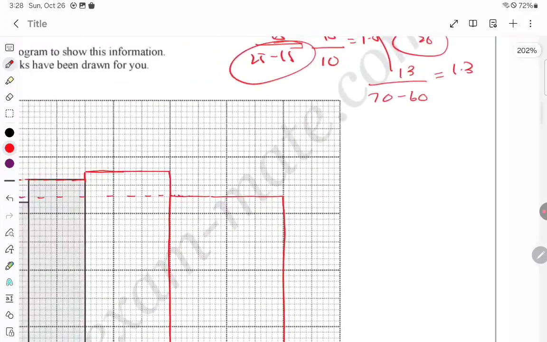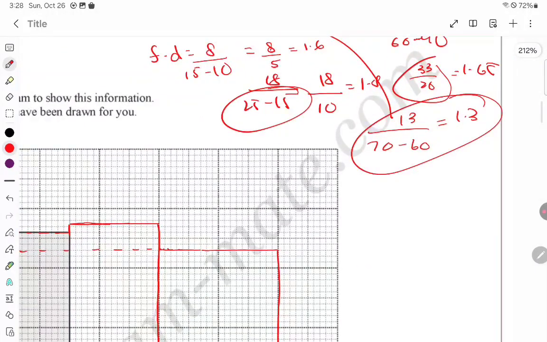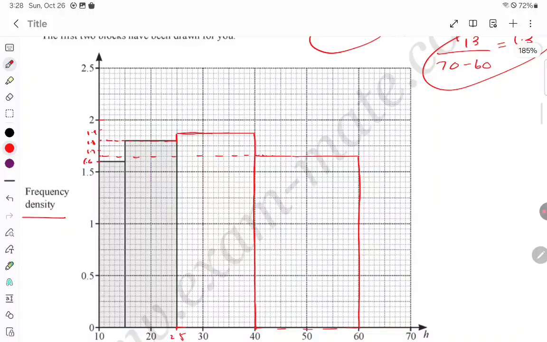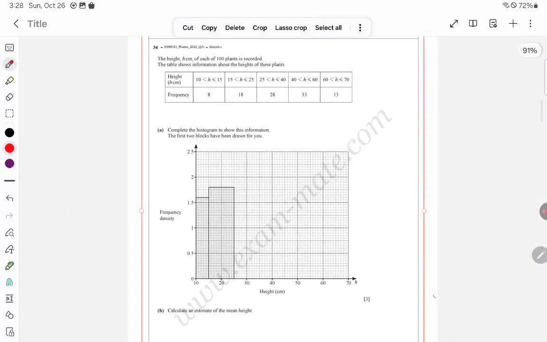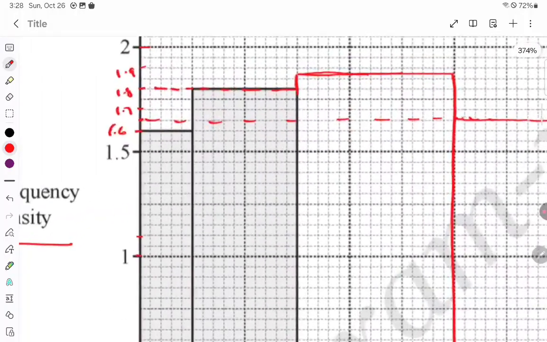Now for 60 to 70, 1.3, there is 1.3. This is 1.1, 1.2, 1.3, 1.4, 1.5.